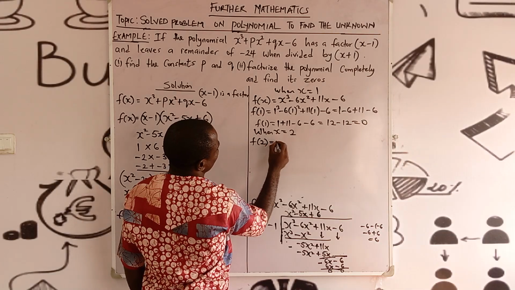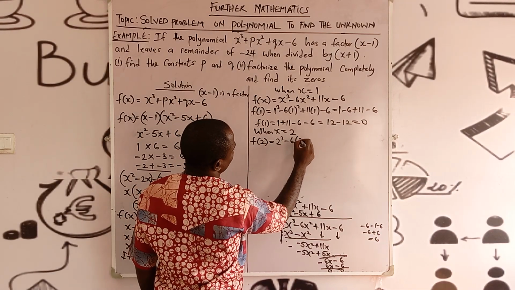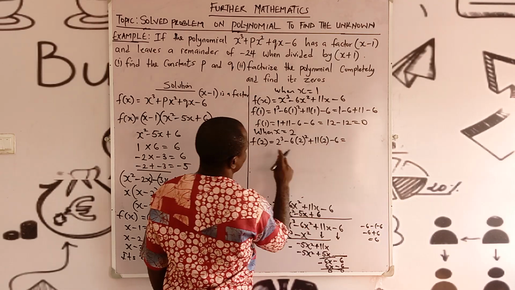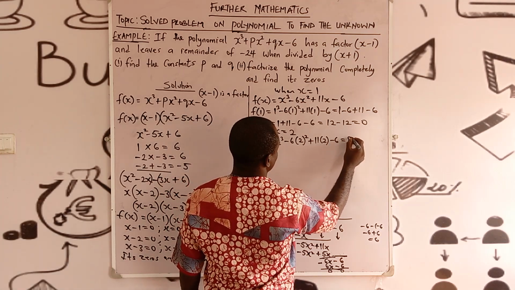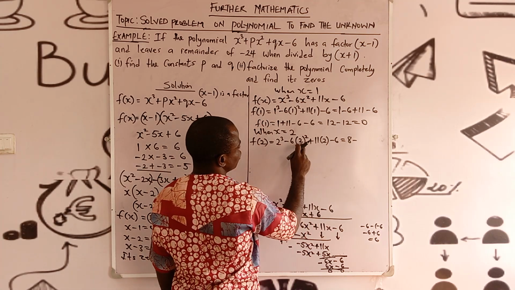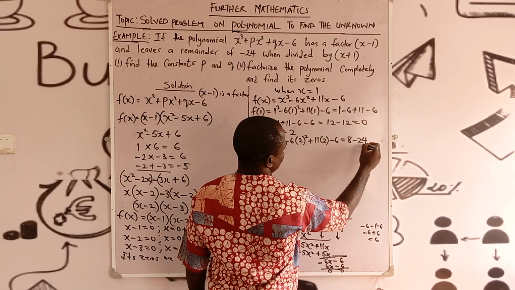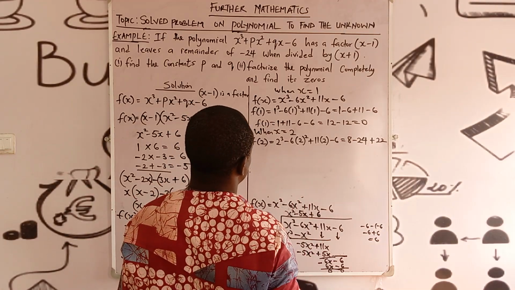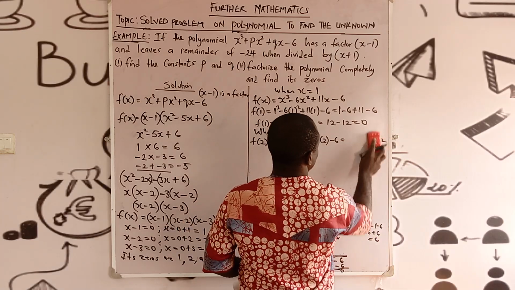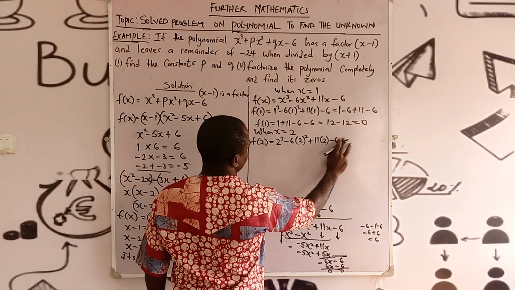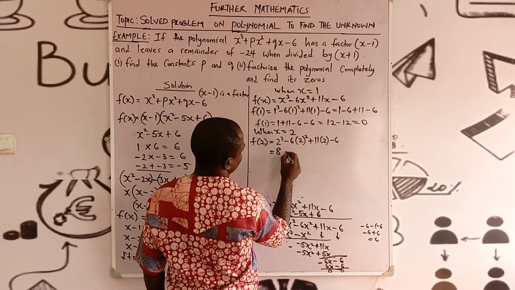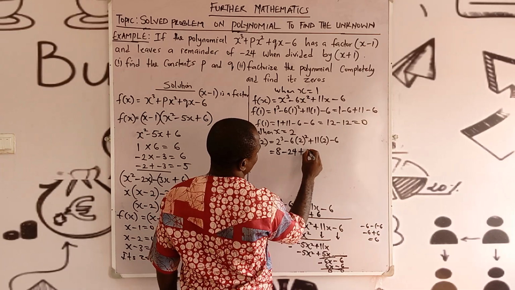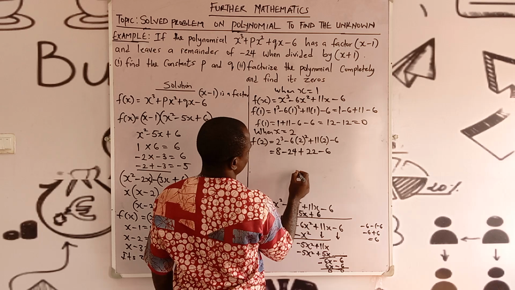f of 2 equals 2 raised to power 3 minus 6 into 2 squared plus 11 multiplied by 2 minus 6. 2 raised to power 3, that's 8, minus 2 squared, that's 4, 4 times 6, 24, minus 24 plus 22 minus 6.